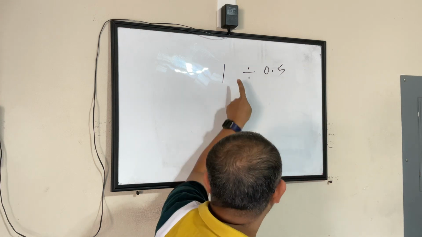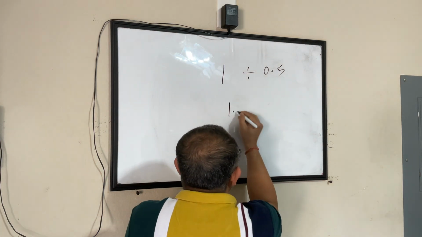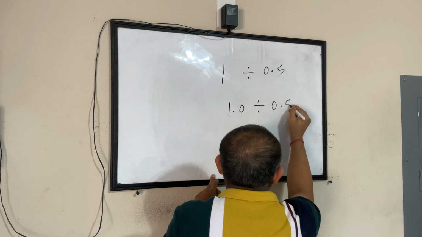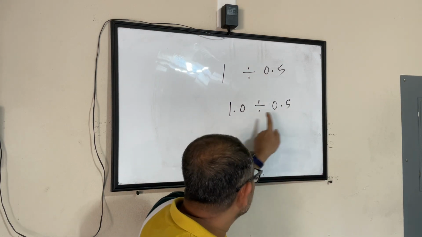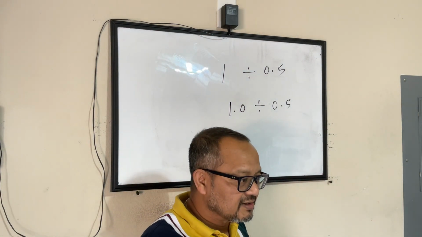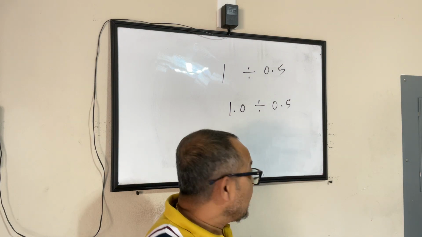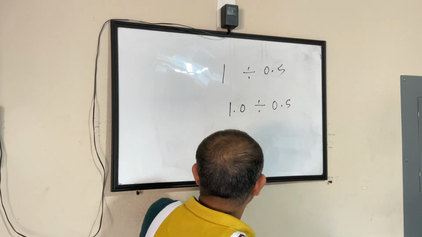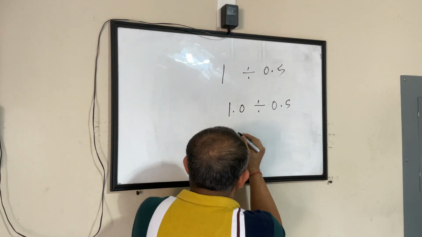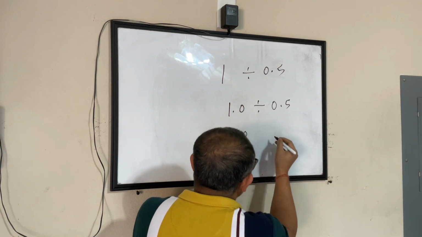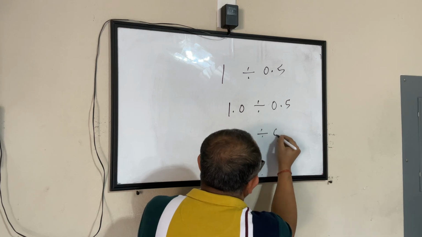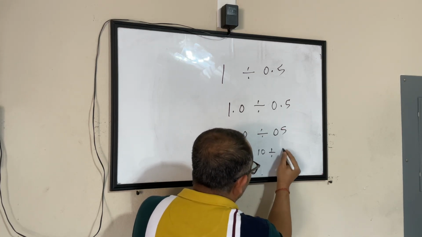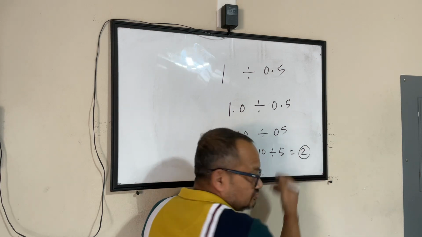First thing we'll do is match. I can write 1.0 and this. Now both have the same number of digits after the decimal. As soon as you have done that, you are done. You will say, oh, wonderful, that means now I can ignore the decimal. This becomes 10 divided by 5, which is nothing but 2.